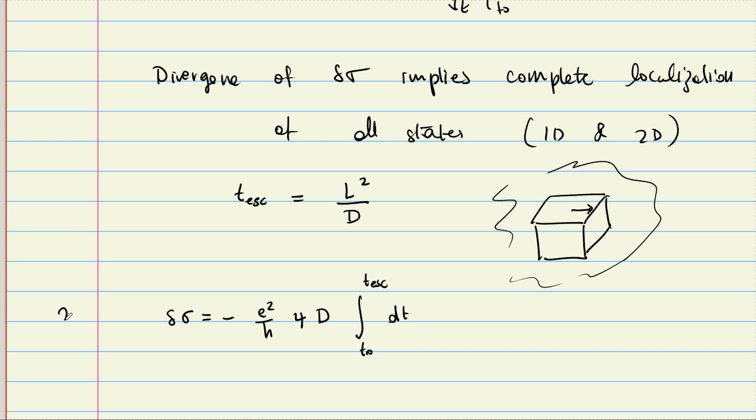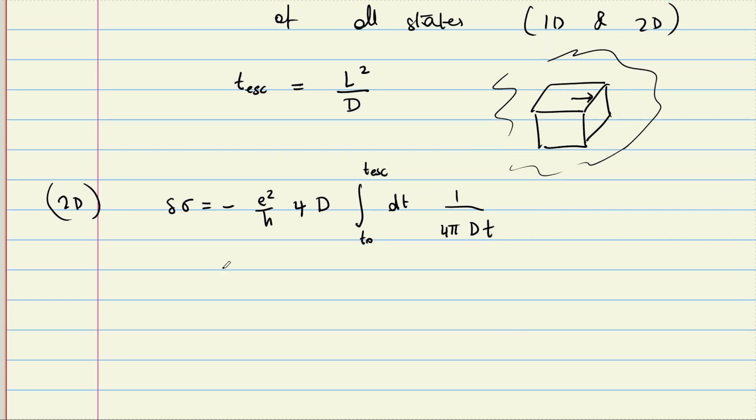And also let's focus on 2D for the moment. I'll do 1D separately. And it is 1 over 4 pi dt. And if we take this integral, this is going to be minus E squared over H 1 over 4 pi.